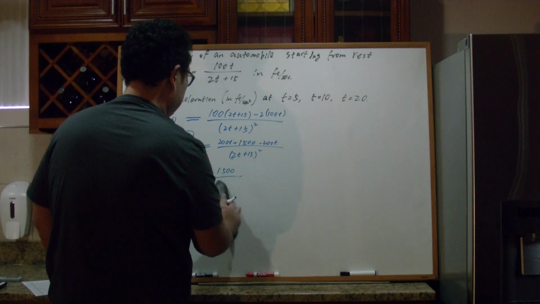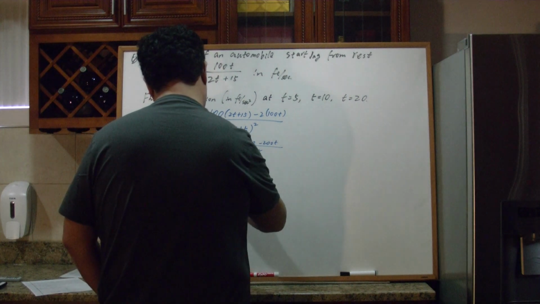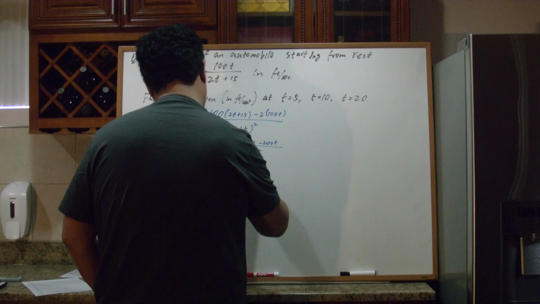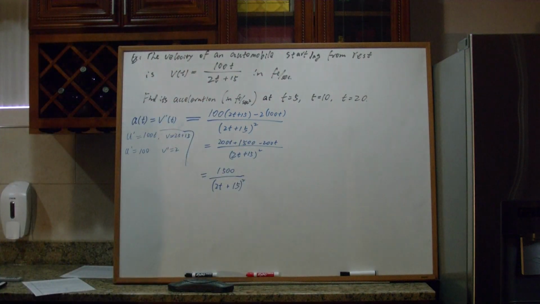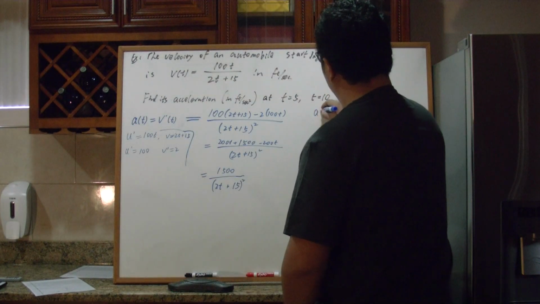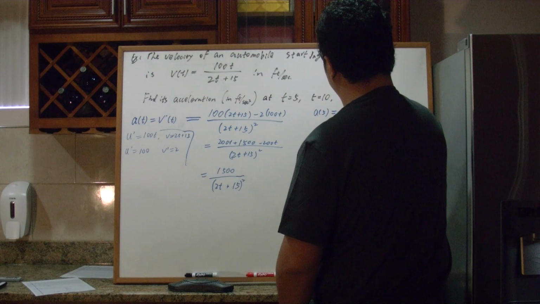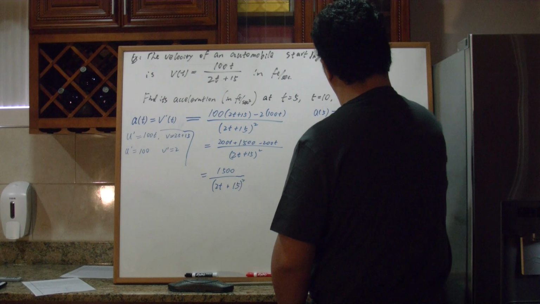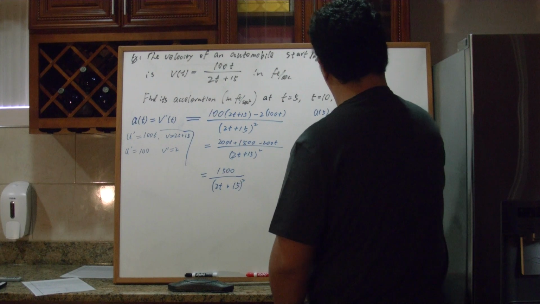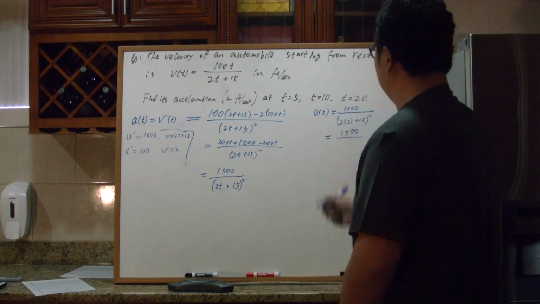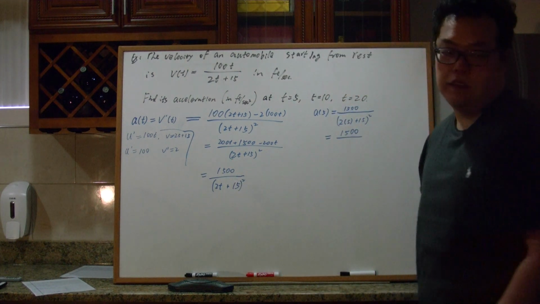To write it a little more clearly, 1500 over (2t plus 15) squared. So for 5 seconds, 10 seconds, 20 seconds, the acceleration is nothing else but just substituting the time in there. Two times 5 is 10 plus 15 is 25.